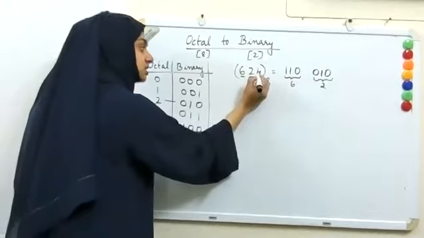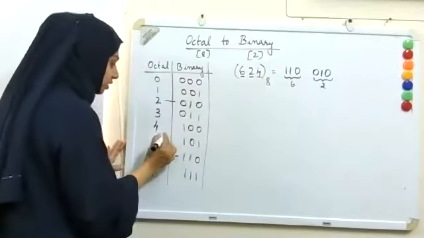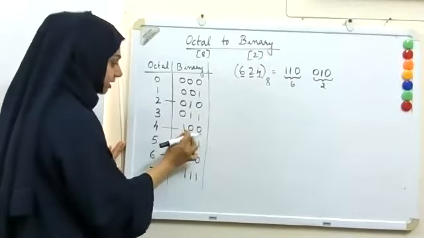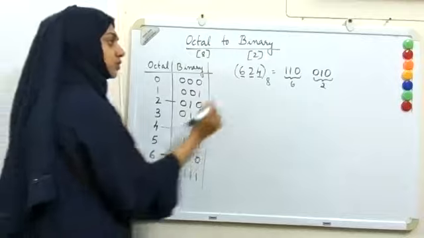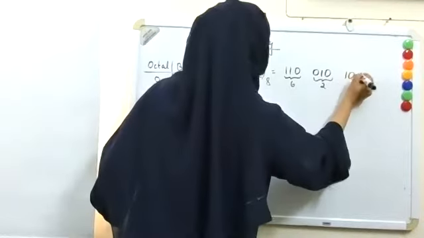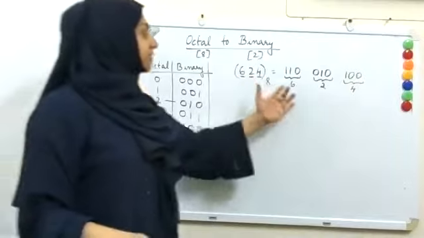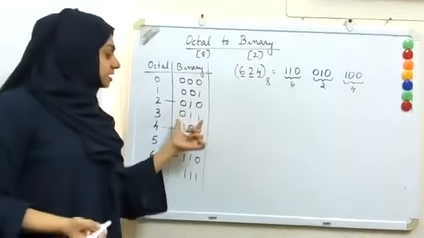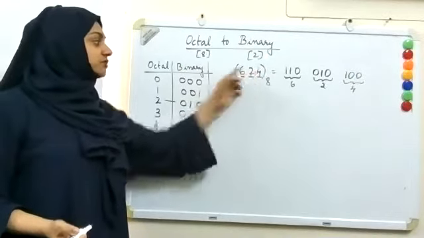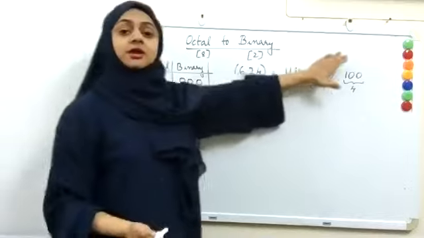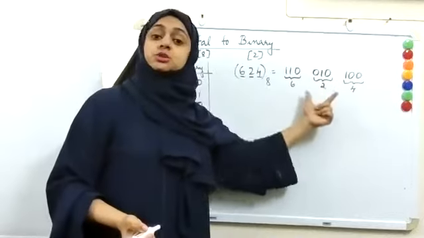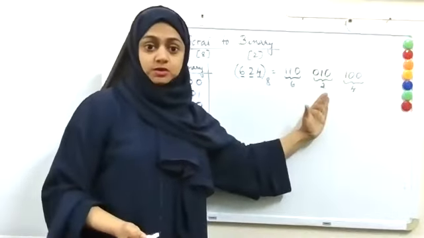Now the next digit is 4. So corresponding to 4, what do I have here? 1, 0, 0. So 100, which is corresponding to 4 in octal. So I have taken all the numbers corresponding to each of these digits from the binary, and there are 3 positions for each of them. That's important, okay?